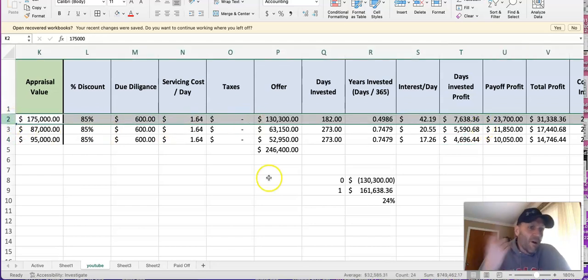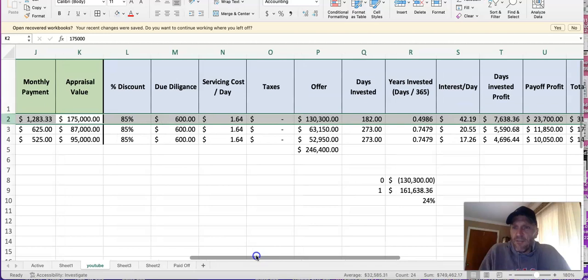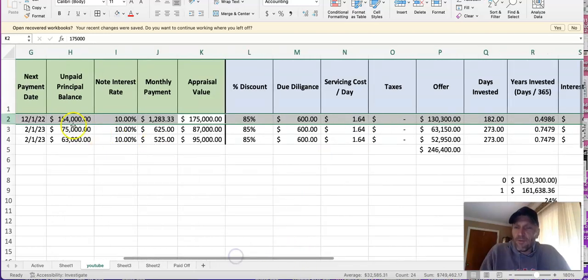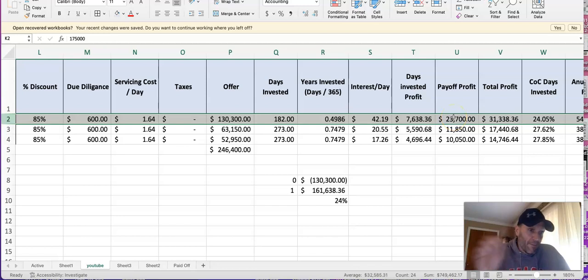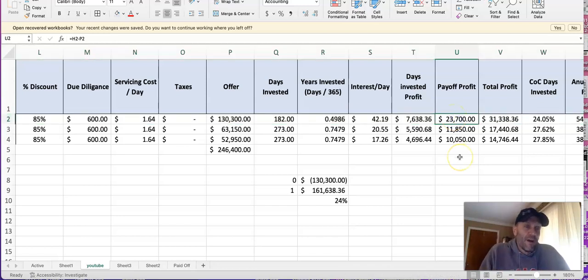And then what I also did was I calculated in the overall profit of, if I bought this thing for $130,000 and it had an unpaid principal balance of $154,000, then the payoff profit is going to be $23,700.